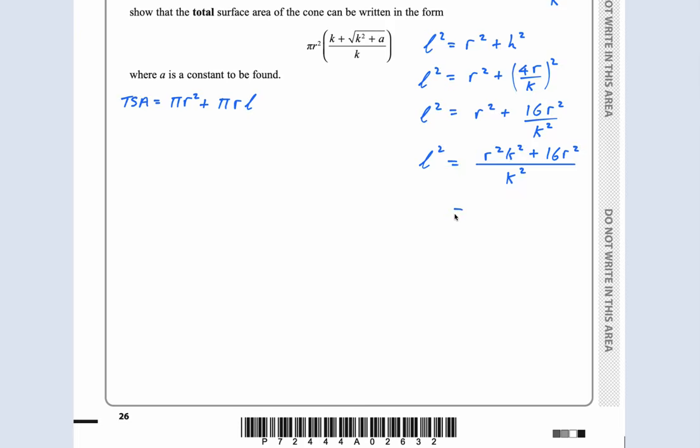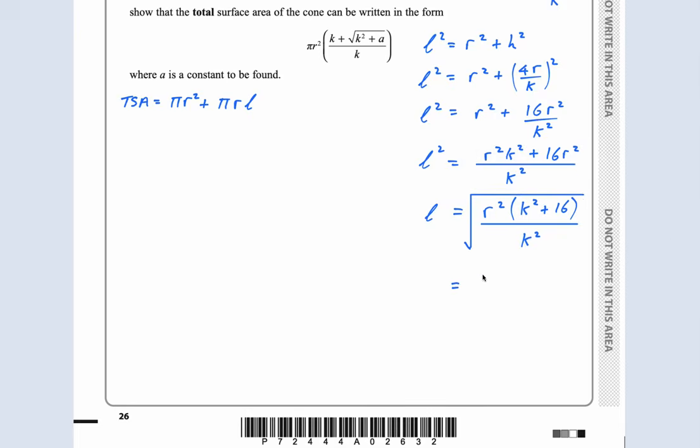And just before I square root it, guys, let's do one more thing. I'm going to factorize r squared, and I'm left with k squared plus 16. Now I like that because here I see a k squared plus a, and here I have a k squared plus 16, so maybe that'll be useful soon. All over k squared, which means L is the square root of all this. So let's get the square root of that.